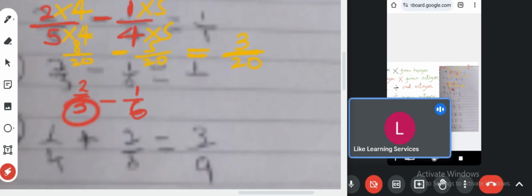Okay, so what should I do to the denominators so that they will become the same value? You have to multiply 3 with 6 and 6 with 3, and you get the same answer. Well, you can do that.